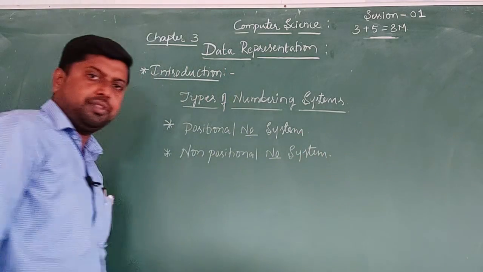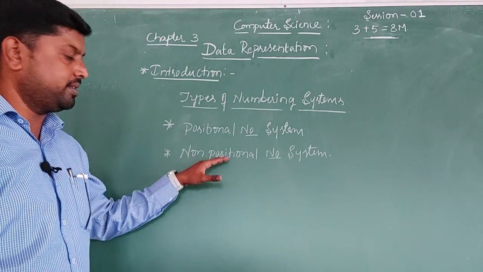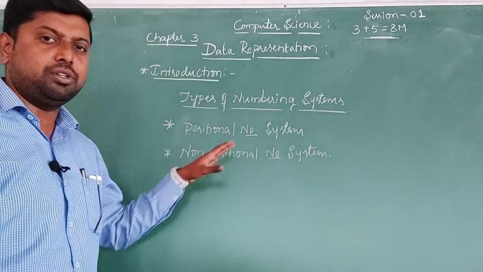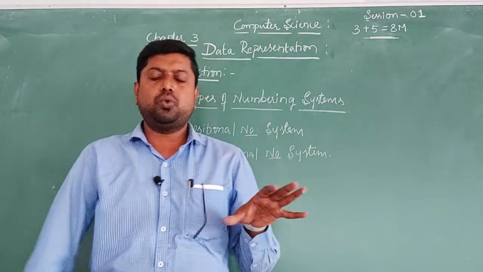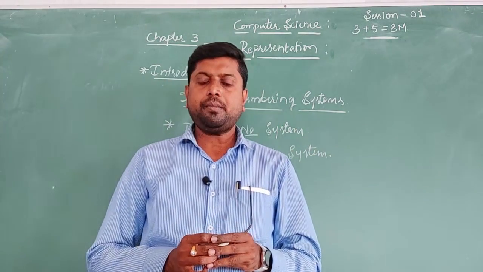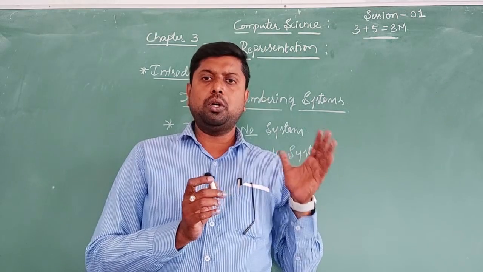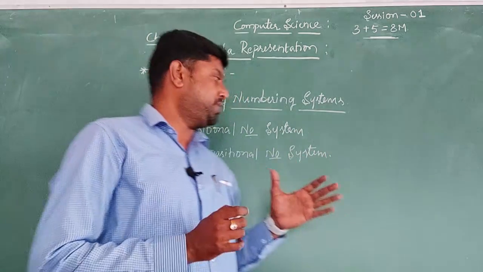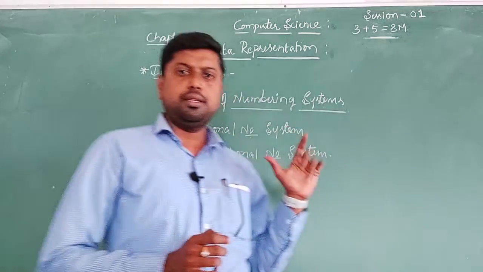Out of these two types of numbering system, we have individual definitions for each. How are we able to define these two types of numbering system?